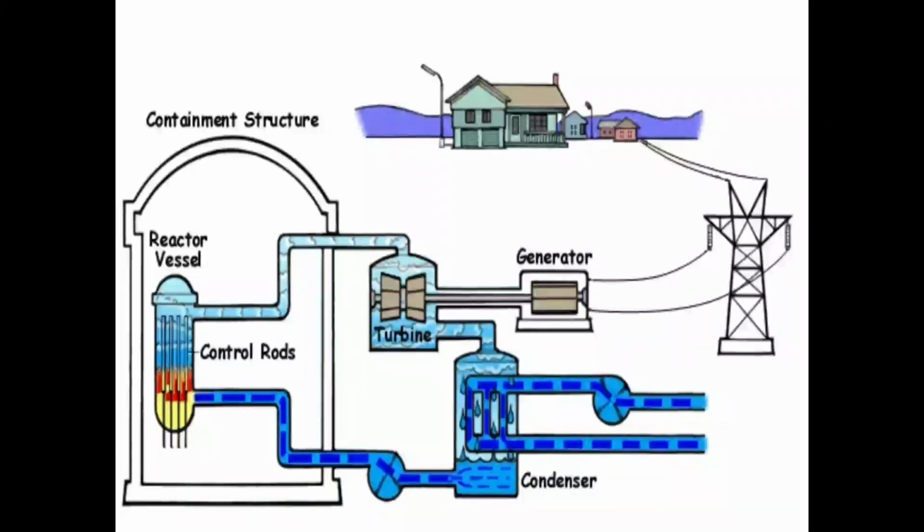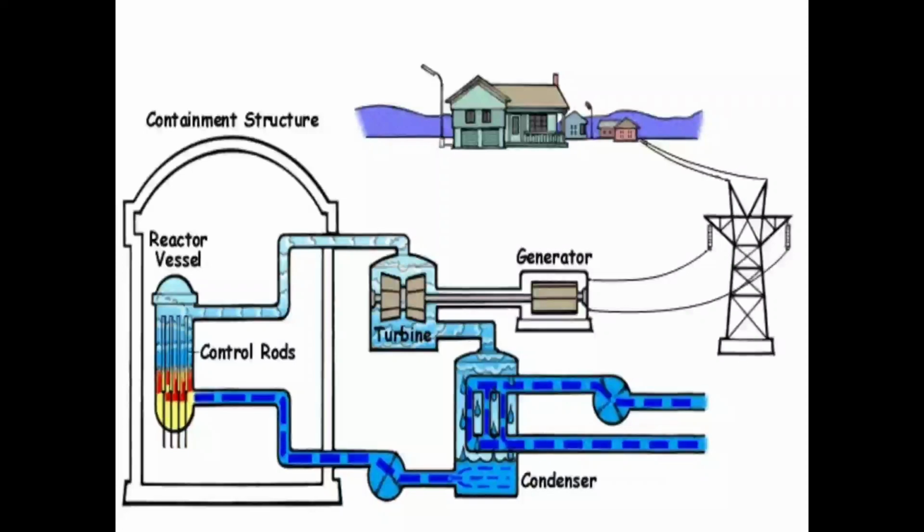After driving the turbine, in both cases, that is the pressurized water reactor and the boiling water reactor, the exhaust steam enters the condenser, which condenses the wet steam into water in the heat exchanger unit.